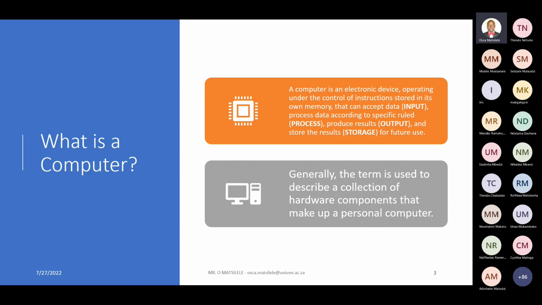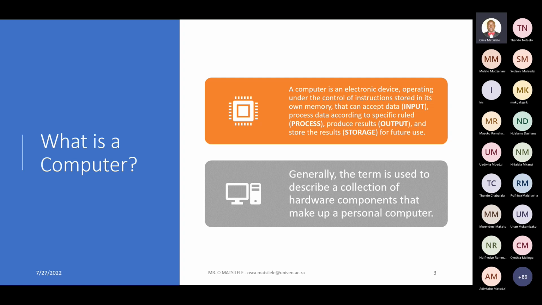As I explained during the first semester, you can use the same term. A computer is just an electronic device that operates under the control of instructions stored in its own memory, that can accept data, process that data according to specific rules, and after the process, produce the results in the form of output.